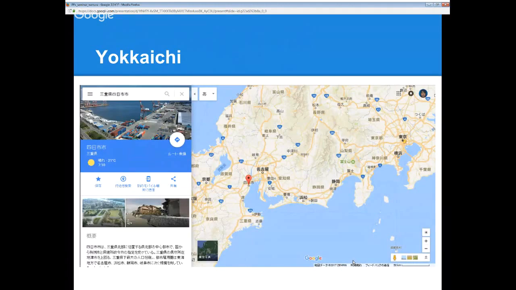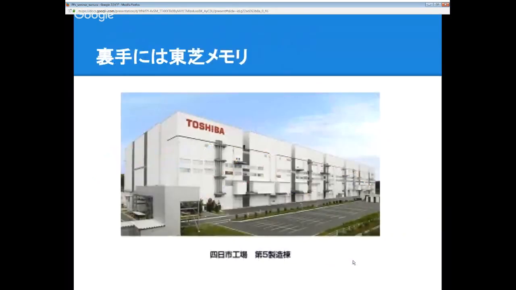Yokkaichi is here. It's close to Nagoya. It takes 40 minutes by train from Nagoya. There are many combinats, many factories. Also, in Yokkaichi, we have a Toshiba factory.